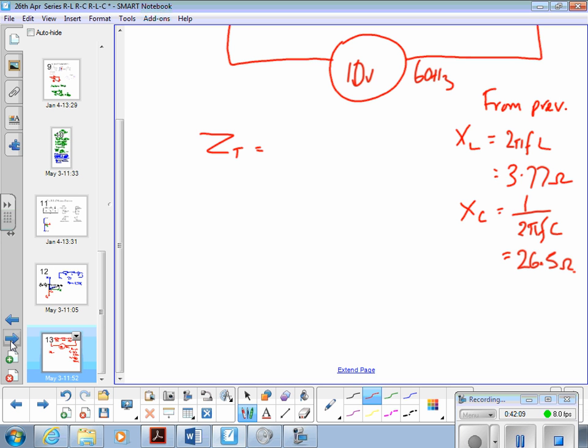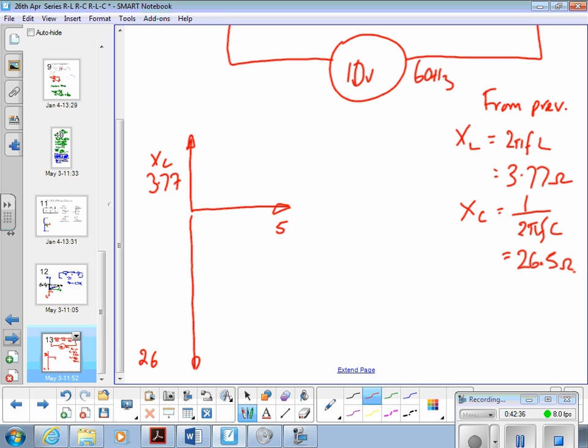So what we've got is this. Let's draw it out. Get rid of that for a minute. We've got the R here, 5. We've got 3.77 XL. It's not to scale. We've got 26.5 for XC.